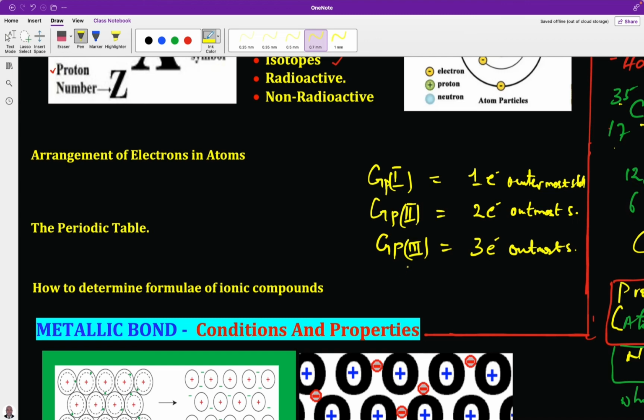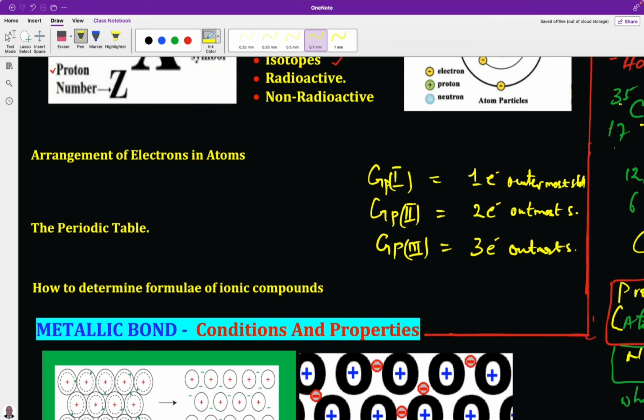Once more, the periodic table is an arrangement of elements in order of groups and periods. As you move from left to right across the rows, those are the periods.